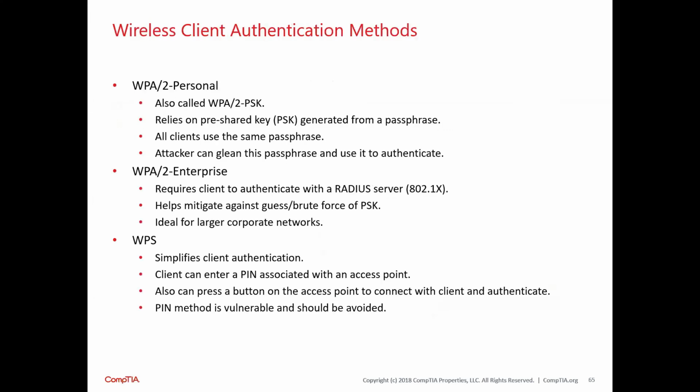Authentication methods supported by your client include WPA or WPA2 Personal, normally used for an individual, also known as PSK. Then WPA2 Enterprise, which normally utilizes a RADIUS server, is 802.1X based, helps mitigate brute force, and is good for larger networks.